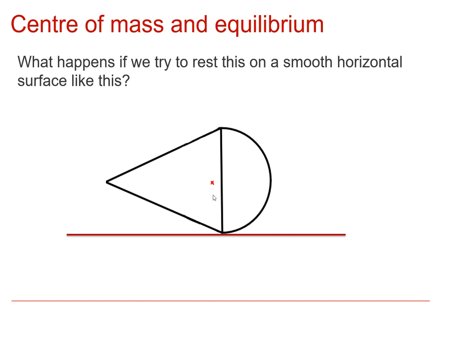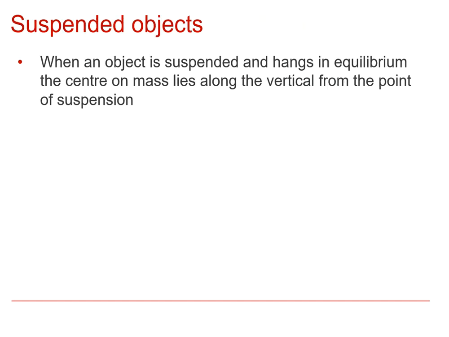That force is acting downwards, because we're talking about gravity, and so there's a turning moment on the shape about this point here, and that means that the shape will want to fall and rest along the cone side of itself. If the centre of mass was on the other side, then it would try to tip the other way. So the place at which the shape is going to want to be in equilibrium is determined by where the centre of mass is.